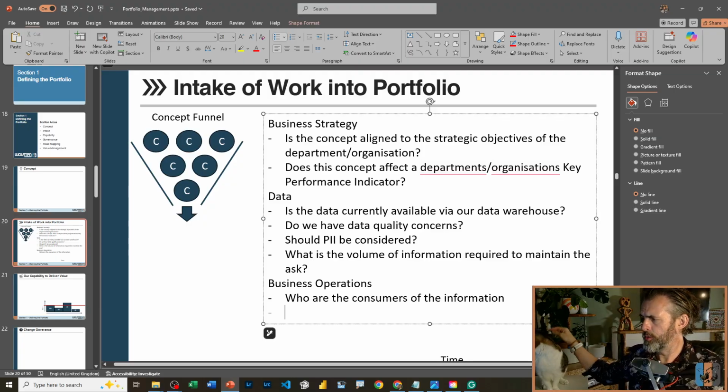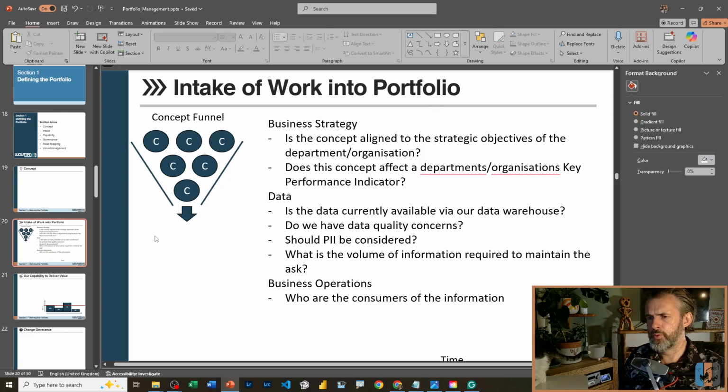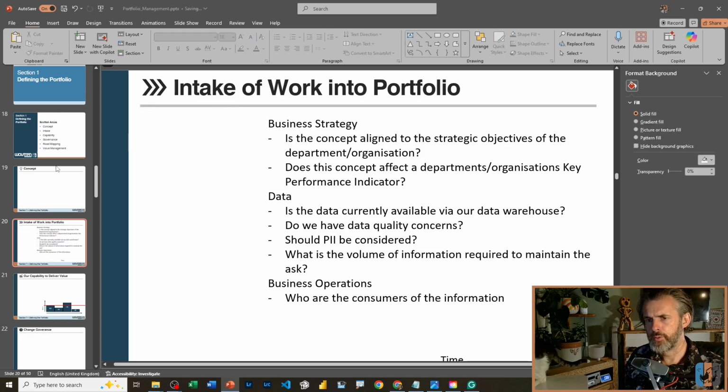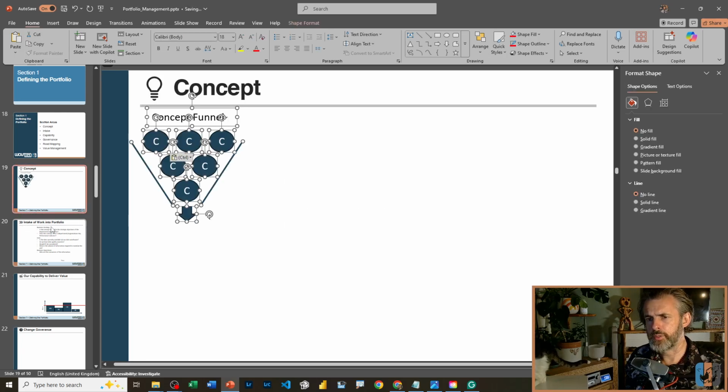So, who are the consumers of information? I'm not sure if that's the right question to be asking. I'm going to move our little concept funnel diagram onto there.